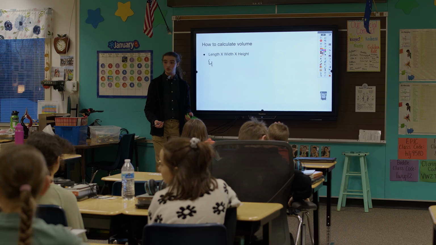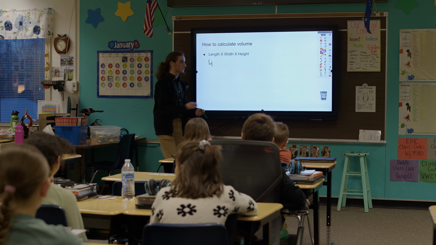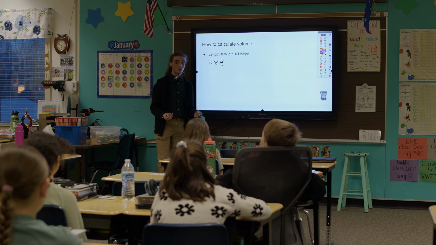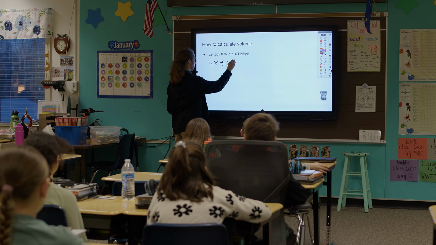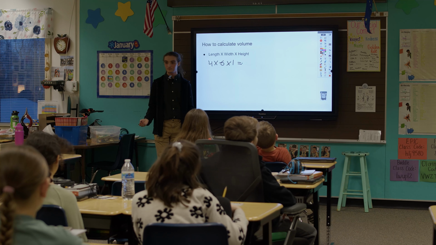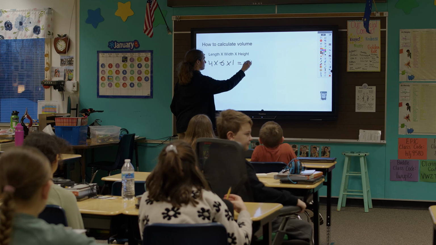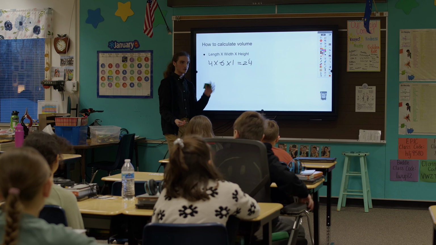What did you guys say the width was? Yes, 6 studs. Perfect. So 4 times 6. What did you guys say the height was again? 1. Yeah. Times 1. So what is that? 24. Perfect. Good job. It's 24 cubic units, right? Because this is measured in cubic units.